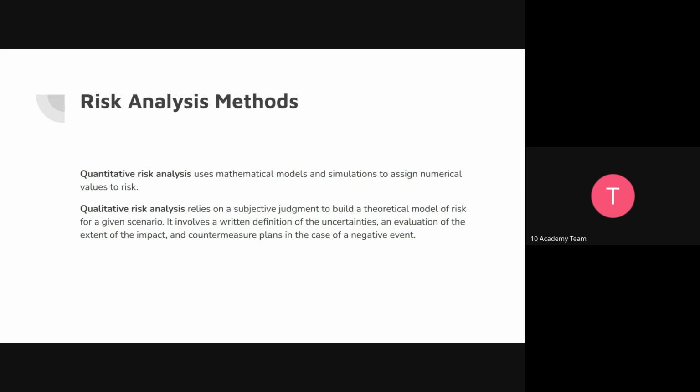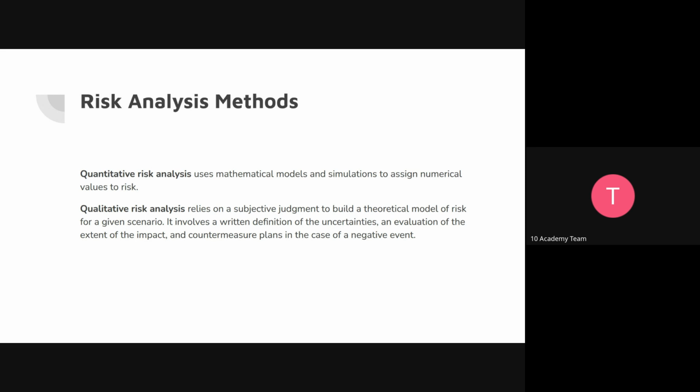In the quantitative one, you are using mathematical models and simulation to assign a numerical value to your risk. You are attaching actual numbers. In qualitative analysis, you are using subjective judgment, something written, so there are no numbers involved here.